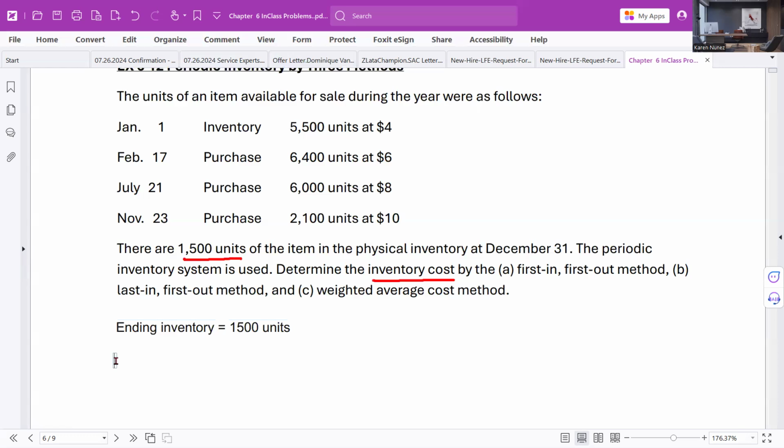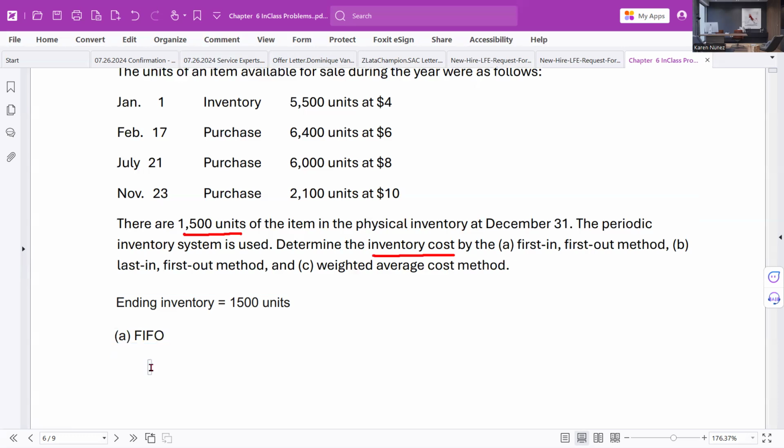And we want to use the FIFO method to determine the cost of that ending inventory. Well, again, FIFO, first in, first out to cost of goods sold. So the first ones in are going to be the first ones out.